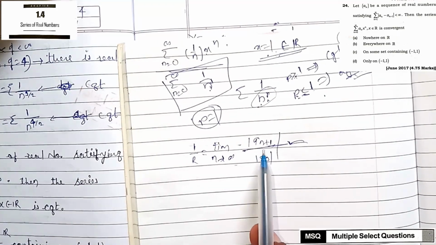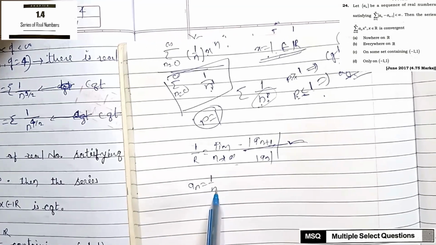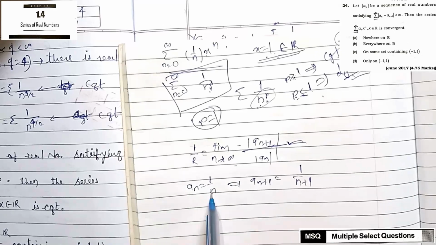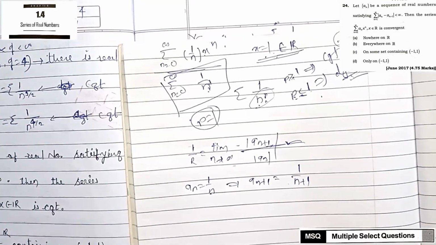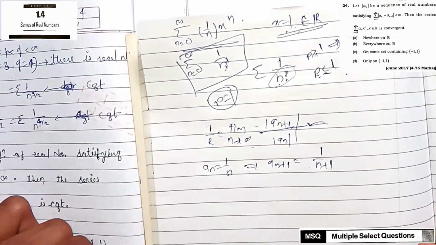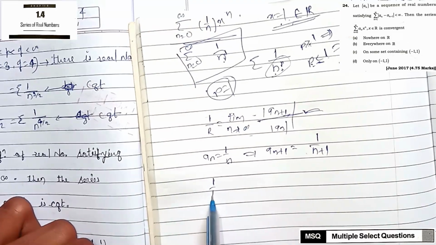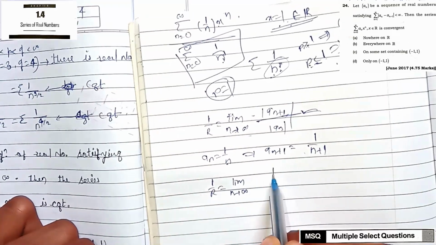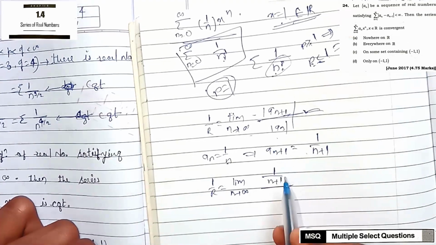If I select a_n as 1 upon n, then a_(n+1) is 1 upon n plus 1. Now substitute these values: 1 upon R equals the limit as n tends to infinity of (1 upon n plus 1) upon (1 upon n).